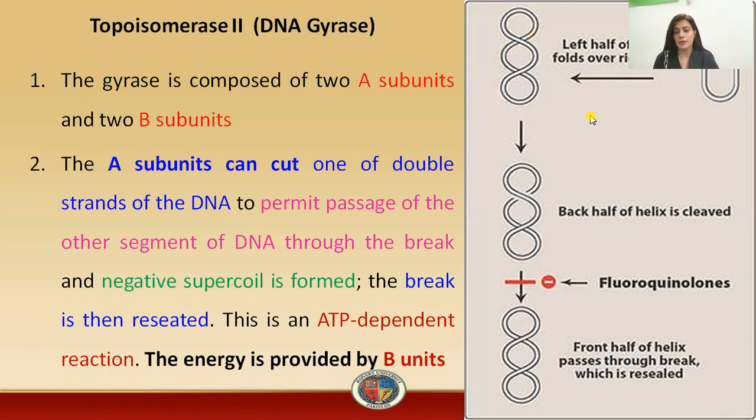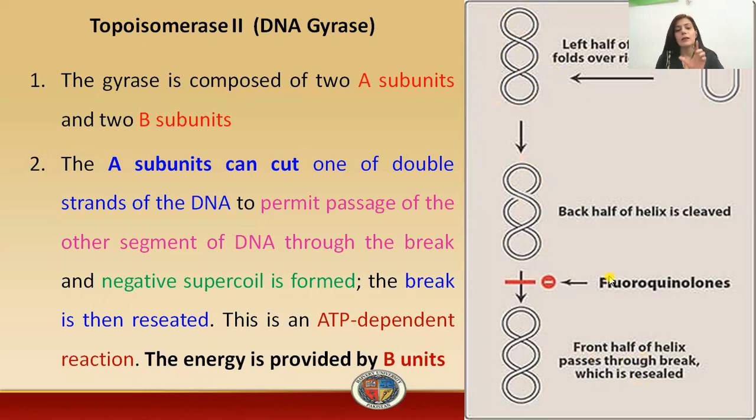Now, coming towards this diagram, this is a DNA coil. What this diagram is showing is that your DNA gyrase will cut the back side of this helix. Then the front helix will pass through this cut back side. This will be resealed by the DNA ligase, and due to this whole process, there will be the formation of the coil.